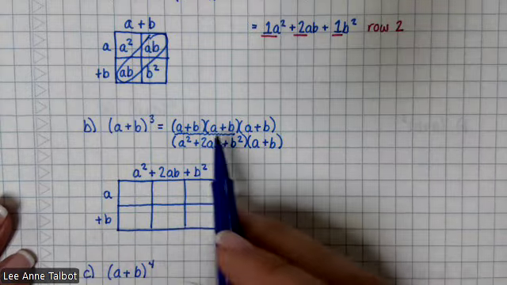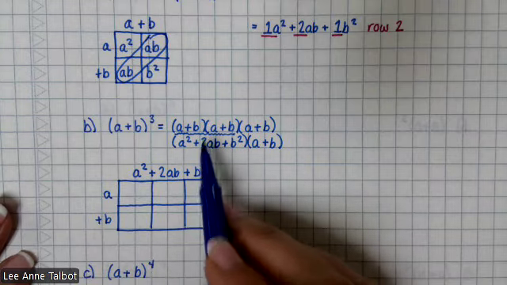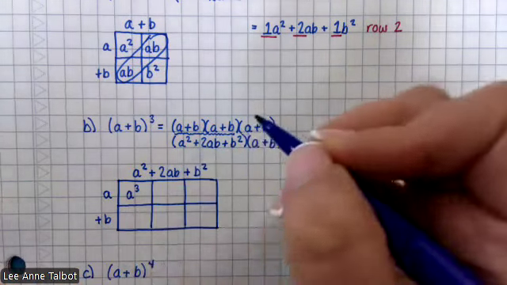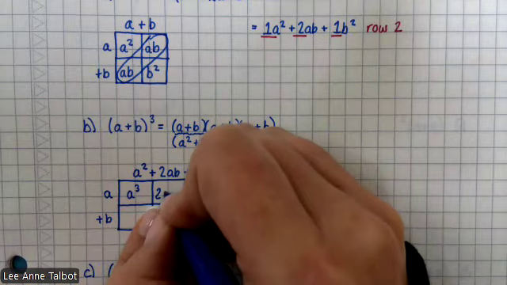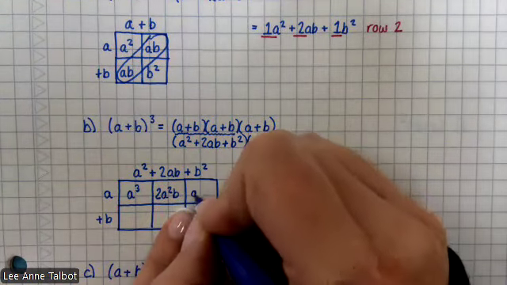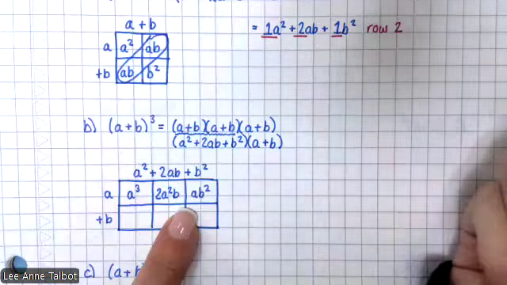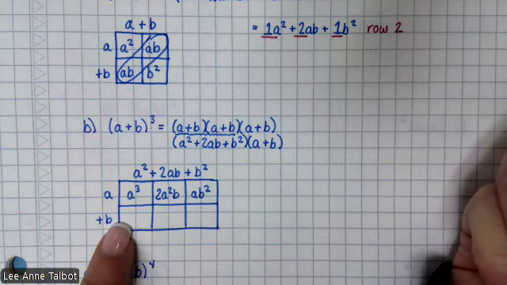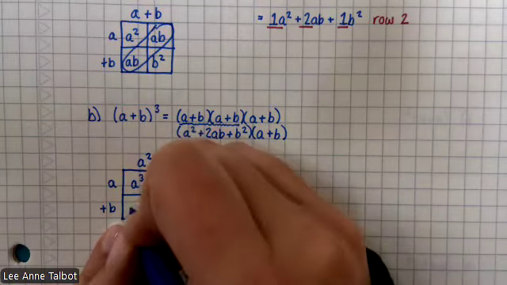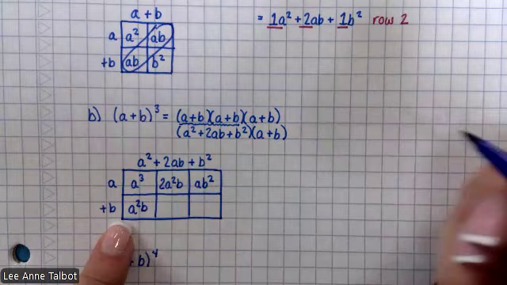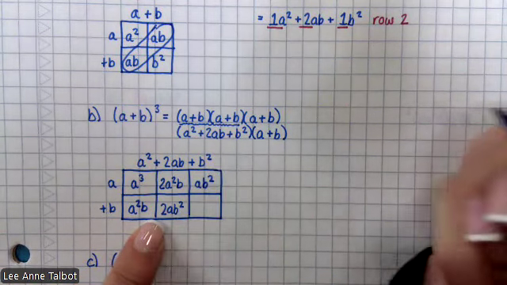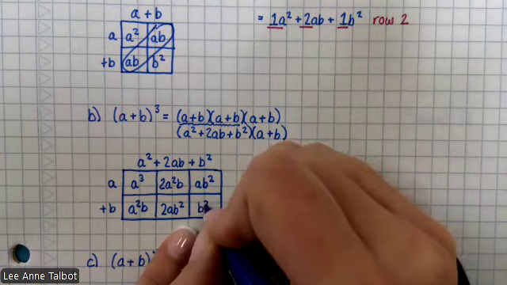And remember, I just kind of cheated because I already had the answer from the previous thing right there. So a cubed, this would be 2a squared b, ab squared. I'm always going to write the a's in front and the b's after, just alphabetical order style. A squared b, 2ab squared, b cubed.